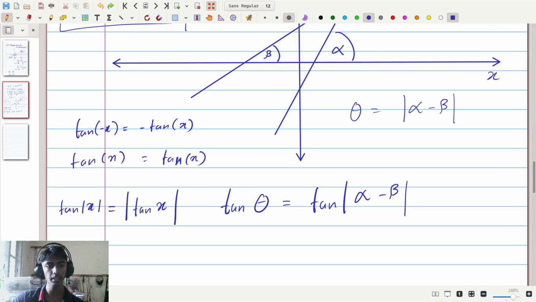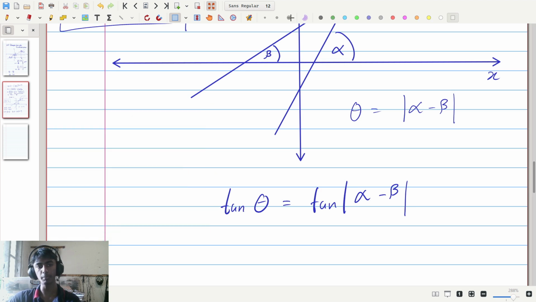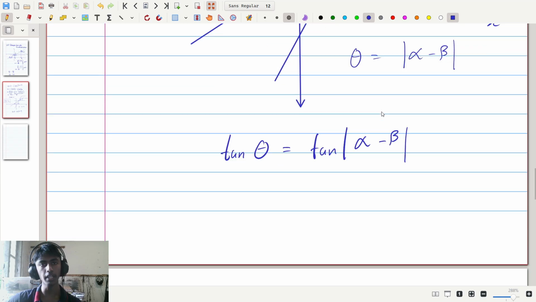We can see the tangent of positive alpha is the positive tangent of alpha, and the tangent of negative alpha is the negative tangent of alpha. So therefore we have this property. Using this property, let's write the tangent of the absolute value of alpha minus beta as the absolute value of the tangent of alpha minus beta. So therefore we have the absolute value of the tangent of alpha angle minus beta angle.